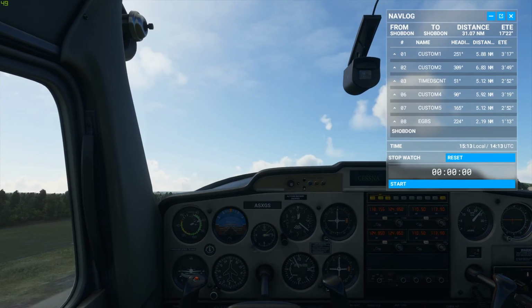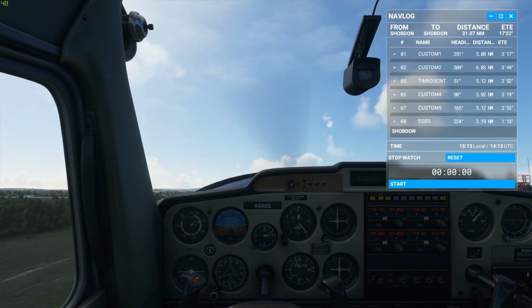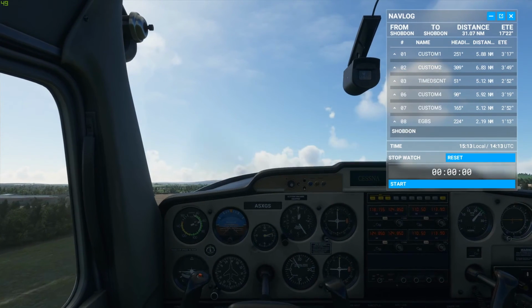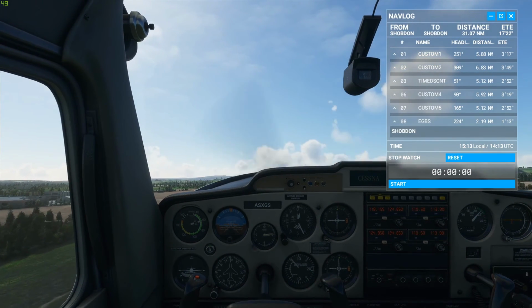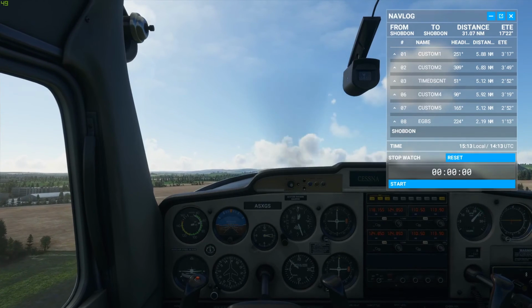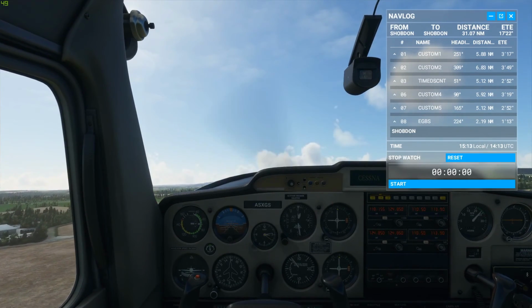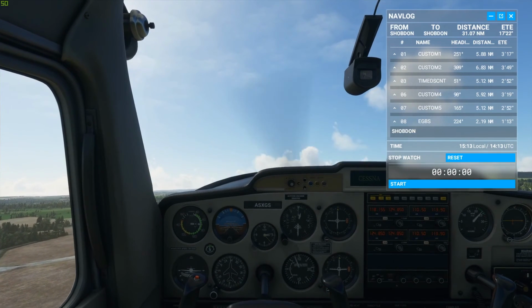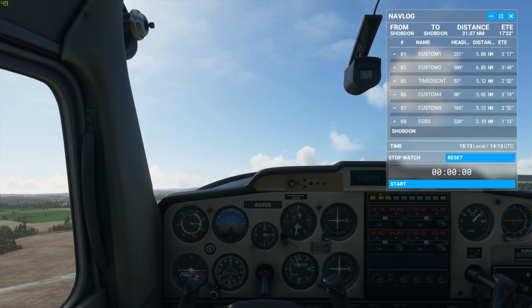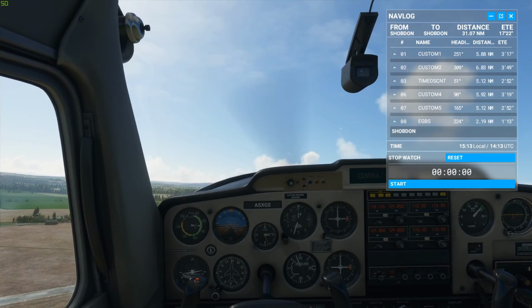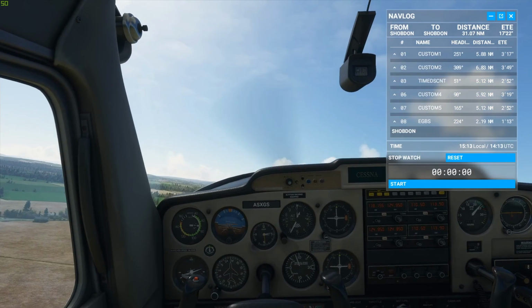Try and trim for 60 knots climb. Bring those flaps up. And at 500 feet we'll start our turn on course to heading 251, just a little bit left. And I'll also start the timer.